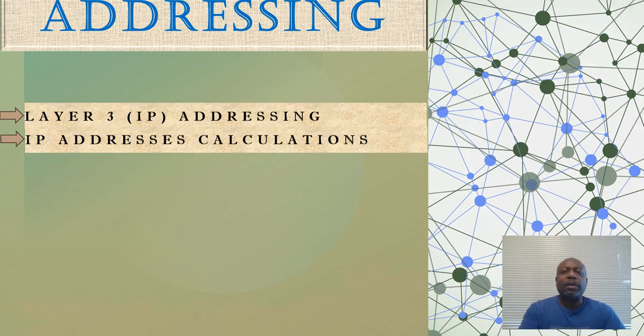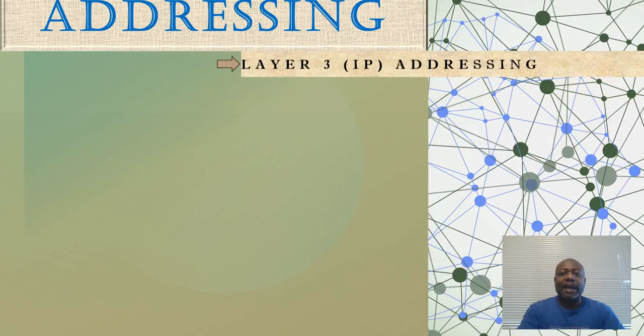So let us talk about layer 3 addresses. You recall that we explained in the previous video that layer 2 or MAC addresses are existential addresses, right? Because these are addresses that are assigned by the manufacturer.